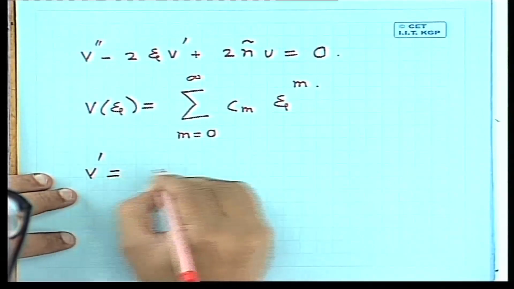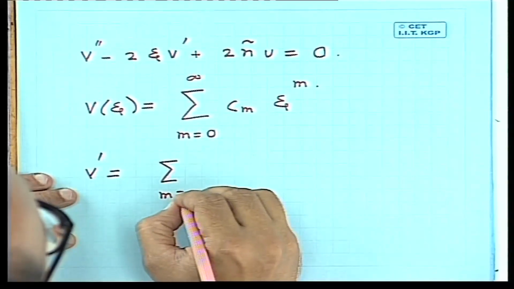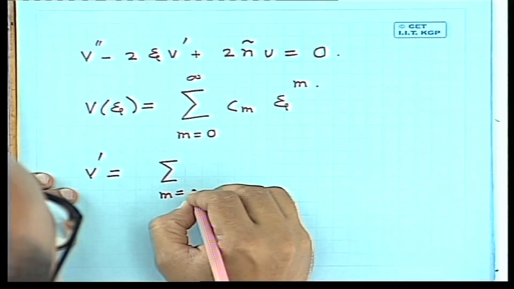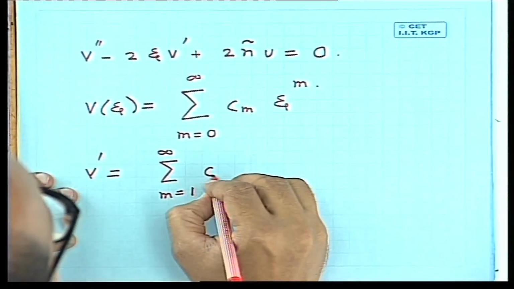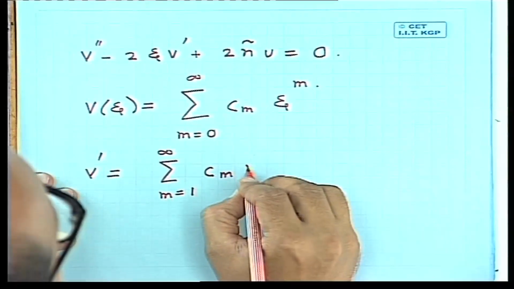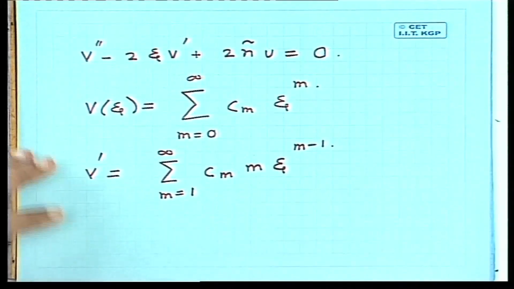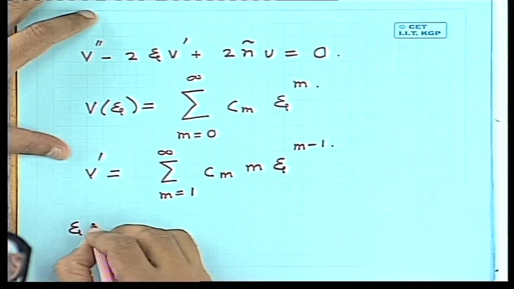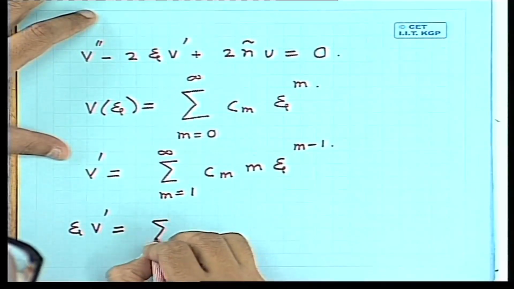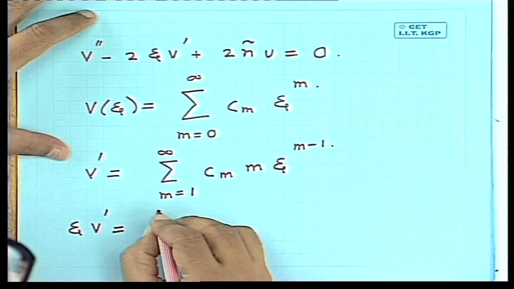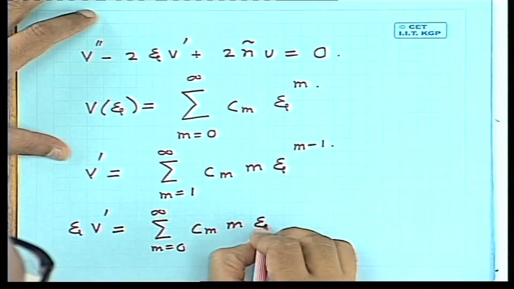v prime is now equal to summation over m going from 1 to infinity, Cm into m into xi to the power m minus 1, or xi into v prime is equal to summation m equal to 0 to infinity Cm into m into xi to the power m.